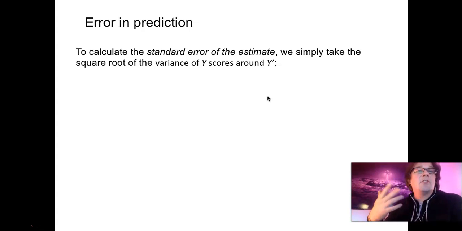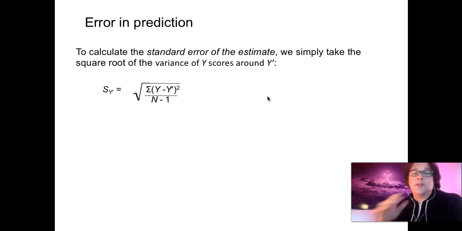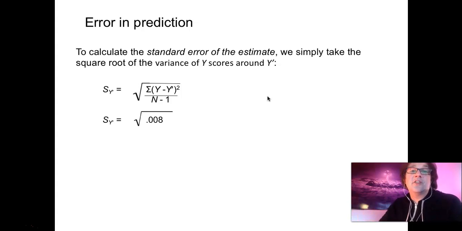So to calculate standard error of the estimate, we just take the square root of that variance term. That variance term we said was 0.008. To find the standard error, essentially the standard deviation of our error, we just get the square root, right?